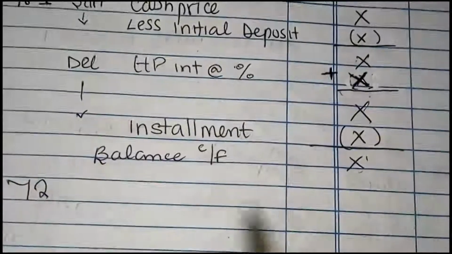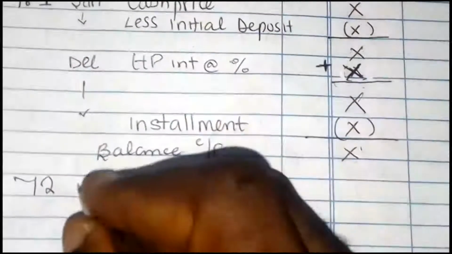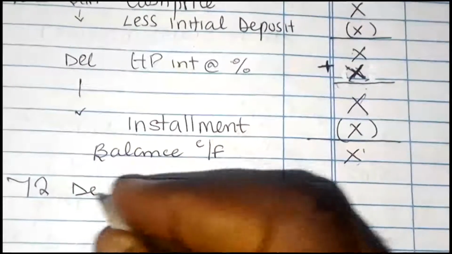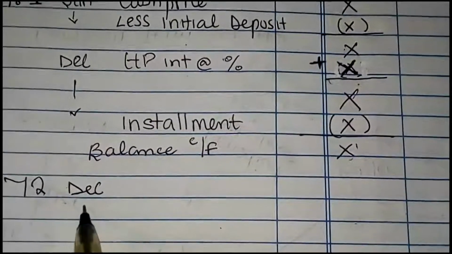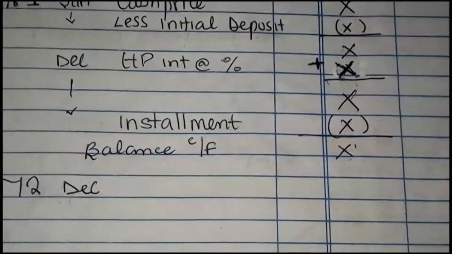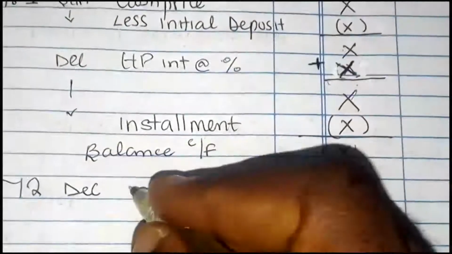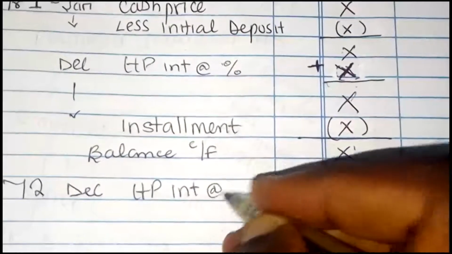Then come to the next, that's year 2, the second year. So in the second year, there will be no initial deposits. You just go by the December. By the end of the period, it could be any month. I'm just using December. It depends on when the contract starts, okay? So we have the hire purchase interest at a certain percentage.